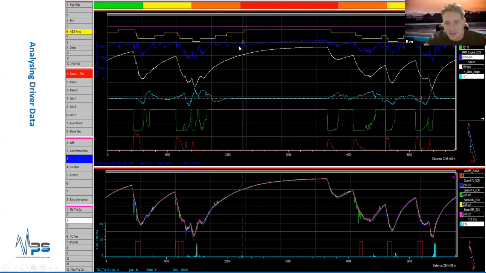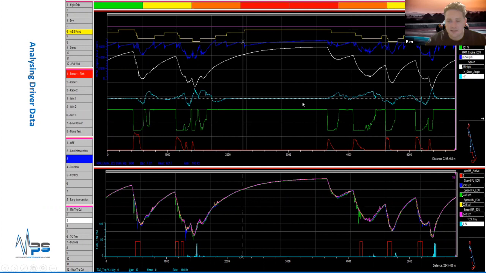So this white line with an X is the live point which we're looking at, and it's at the end of the rising engine speed trace in blue. So that basically means we've come to our shifting point, and you'll see in the next few data samples working from left to right that the driver has performed a gear shift. The gear's gone up and the engine speed has dropped.